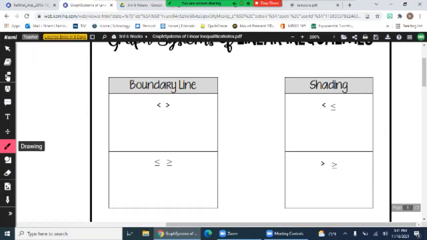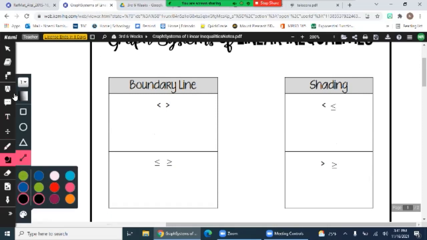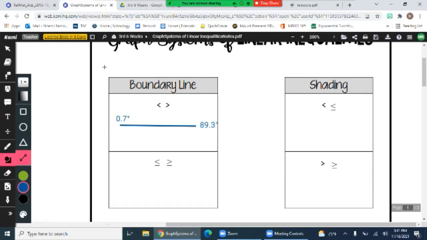Now, before we continue, let's go back over those rules. Your boundary lines, the type of lines that you're going to have. When it's less than or greater than, notice it's not underlined, so you have a dotted line.